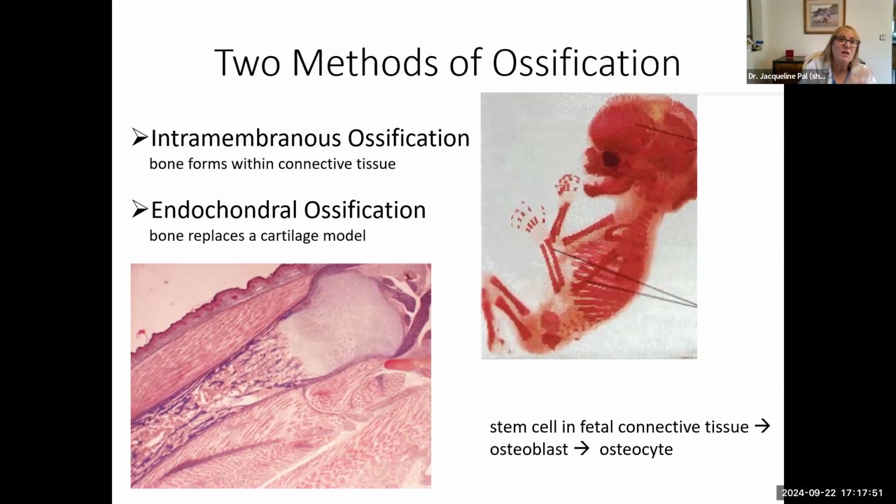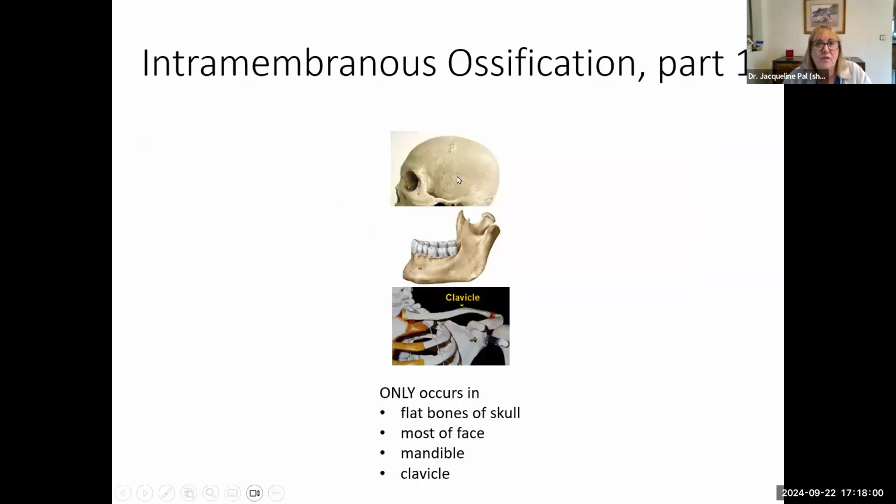Okay. So let's talk about intramembranous ossification first because it has fewer steps and it's easier to understand. For this one, there are very few places in the body where this happens. It only occurs in these flat bones in the skull.